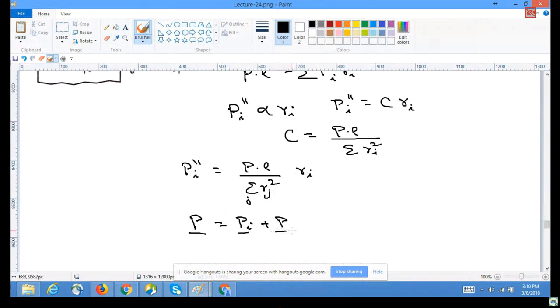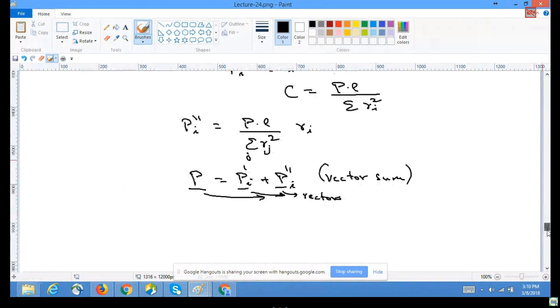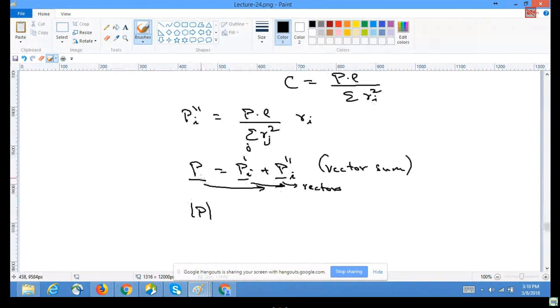So then your P bar is equals to Pi bar plus Pi double bar, which is a vector sum. These things mean vectors, or the magnitude of Pi is equals to square root of Pi dash square plus Pi double dash square.